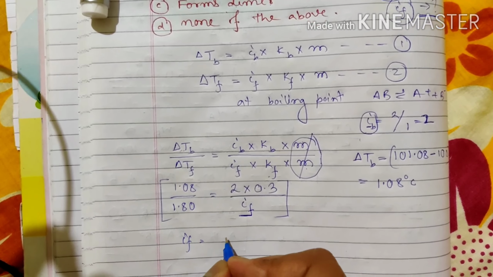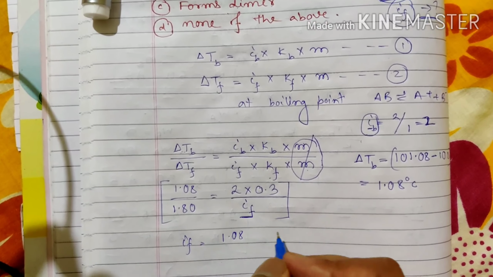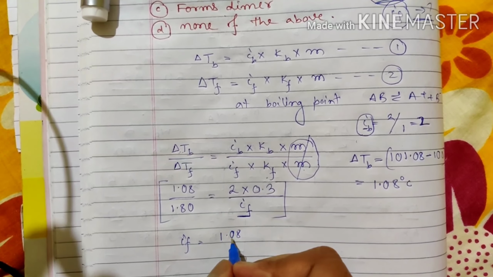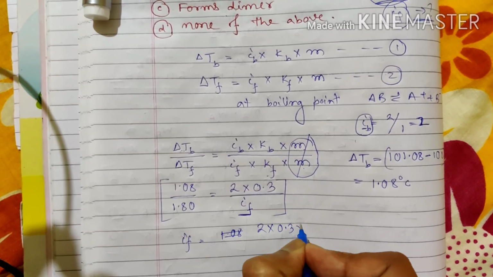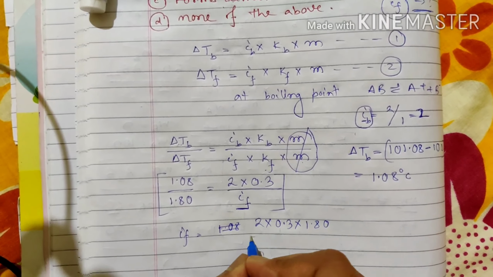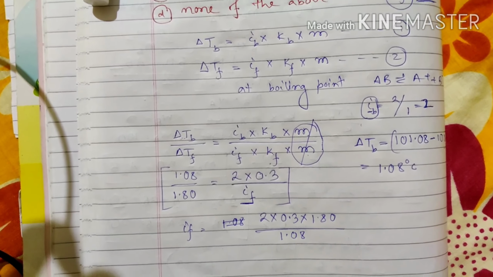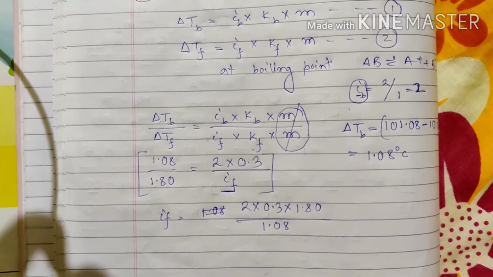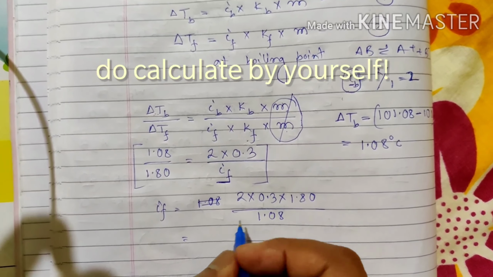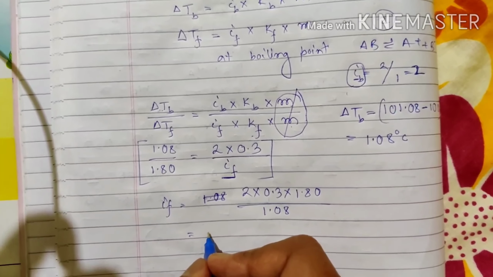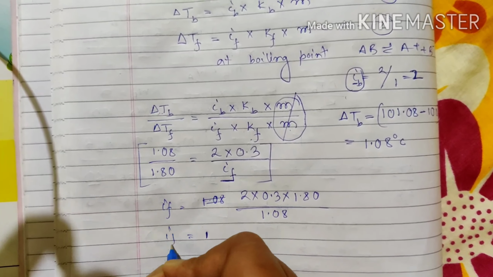So IF should be, sorry, it should be 2 into 0.3 into 1.80 divided by 1.08. Calculate the value. After calculation, we will be getting the value of IF is equal to 1.